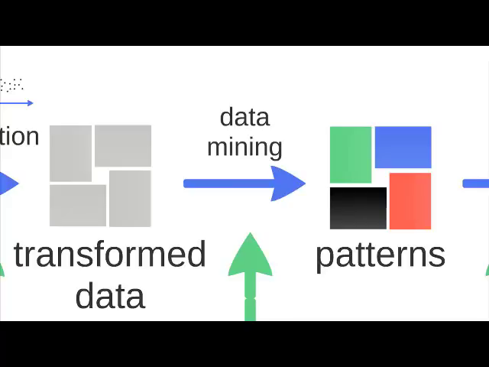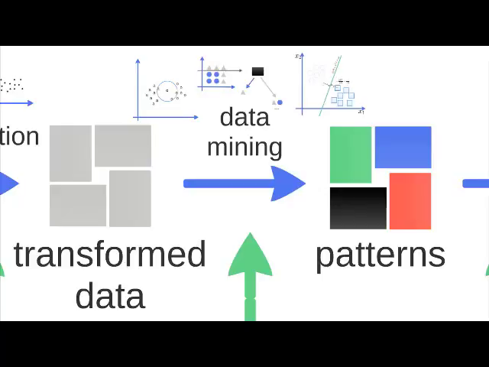In this case, we can apply several algorithms, such as k-nearest neighbors, or even a decision trees application, or support vector machines also. So these are possible data mining algorithms or classification algorithms that we apply to the data to obtain patterns.